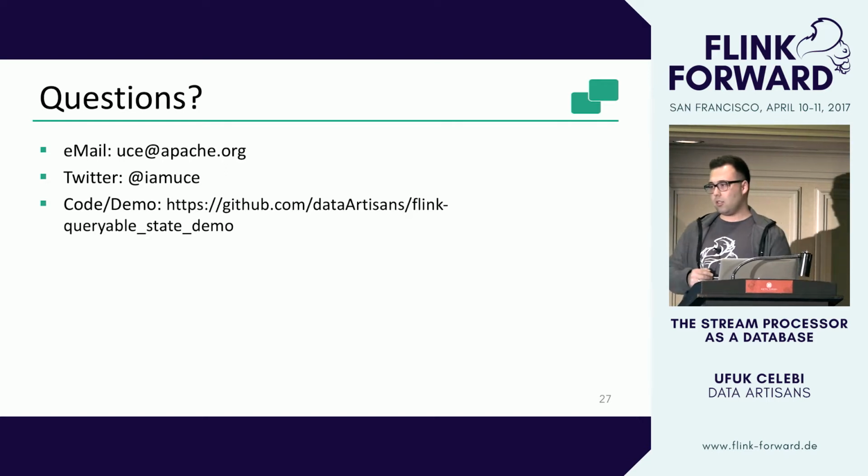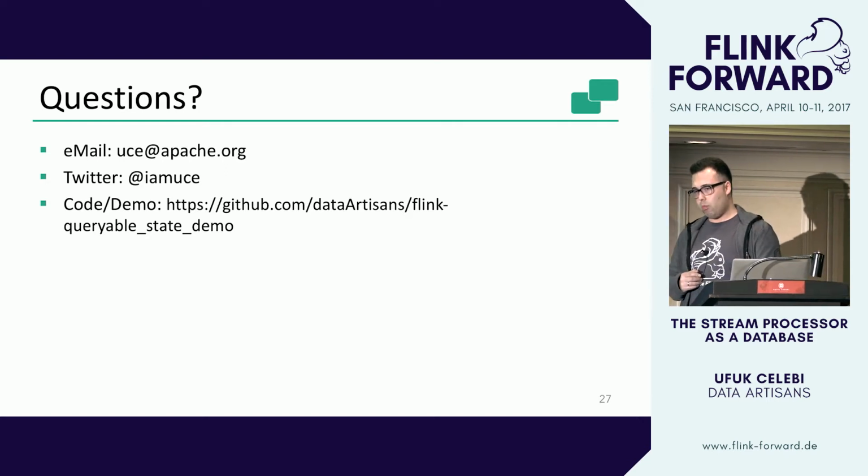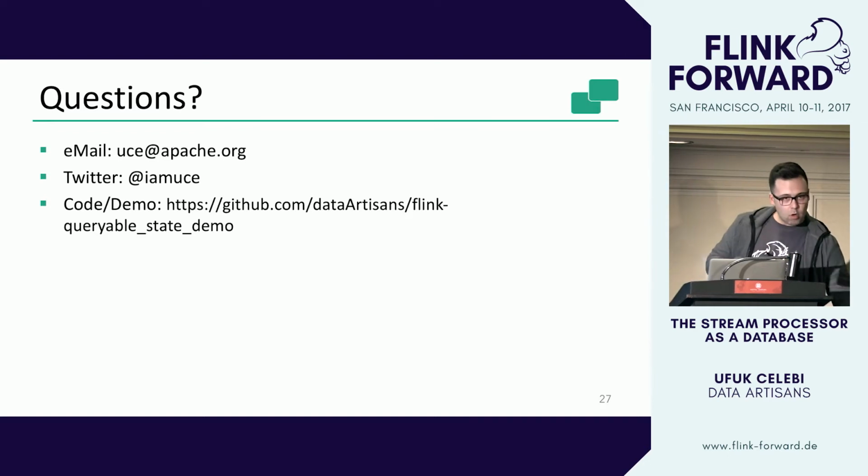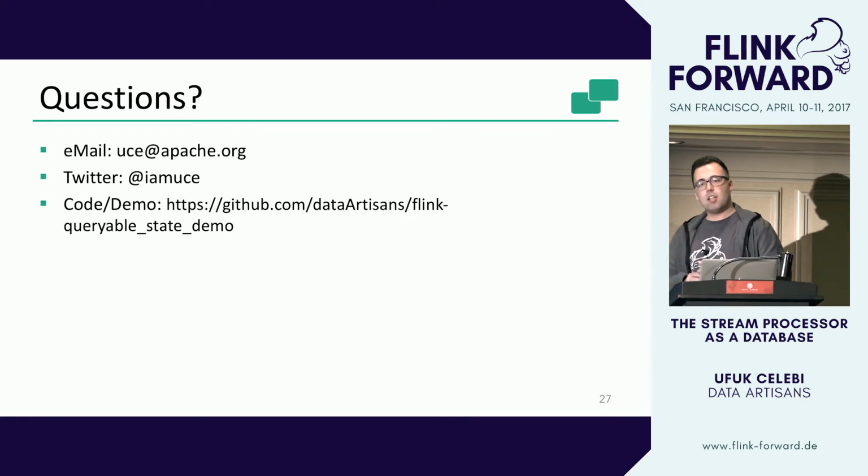Yeah, let's start here in the front. The roadmap for this feature? The roadmap for this feature is, we think it's quite important already and will become more important over time. I think immediate next steps will be to improve the API. So as you've seen, it's really low level. You get bytes back and have to serialize keys yourself.